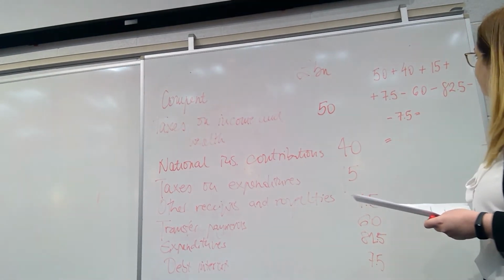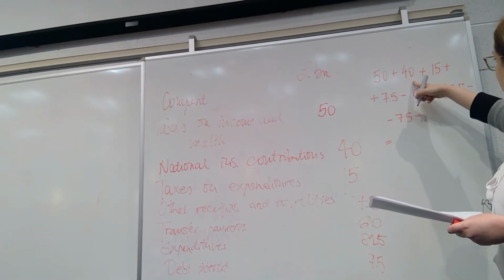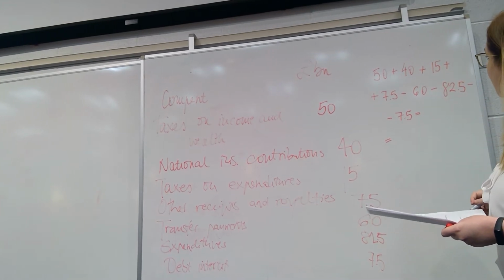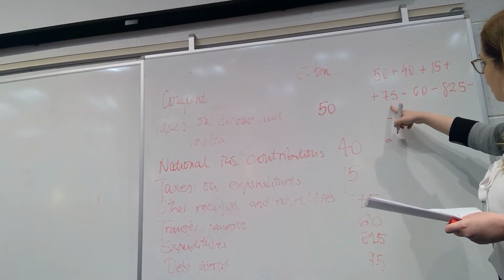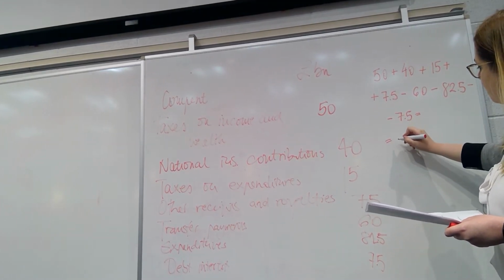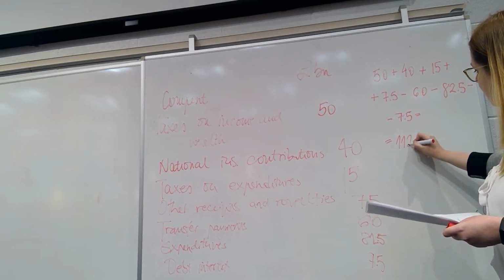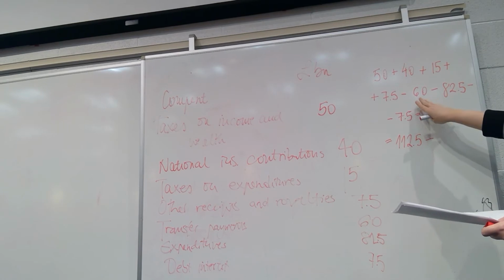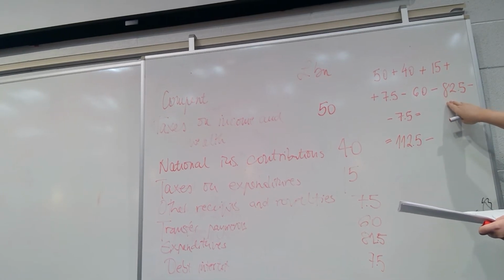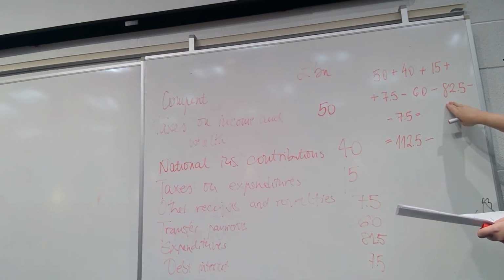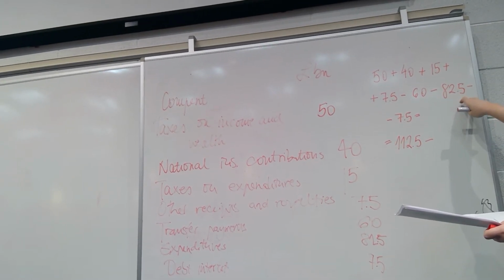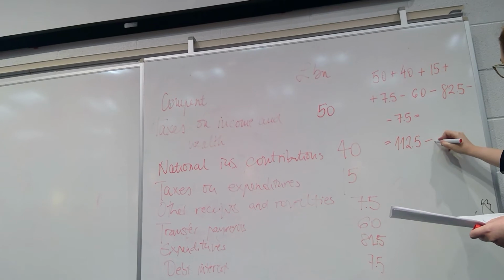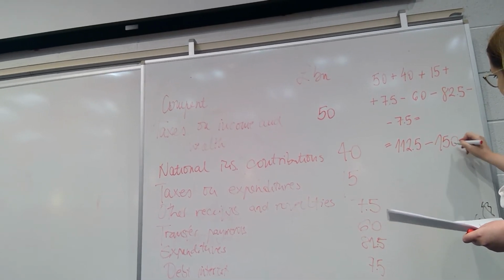So we have 50 plus 40 plus 15, which is 105. Plus 7.5, which is 112.5, minus we have 60 plus 82.5, which is 142.5, and then 7.5, that is 150.